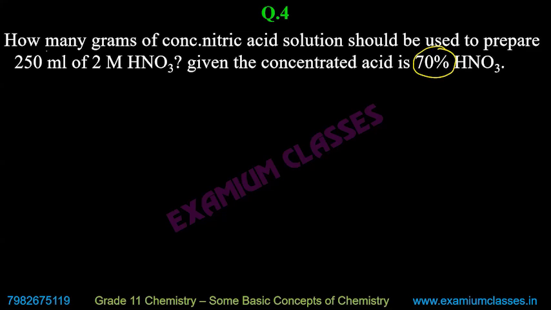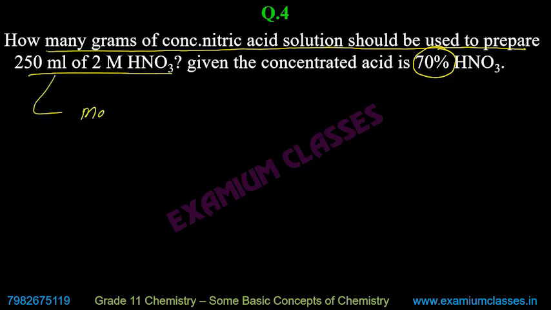So the question is, how many grams of concentrated nitric acid solution will be used to prepare this? For this, you need to calculate first how many moles of HNO3 we need. Moles of HNO3 will be molarity into volume, 2 into 0.25 in liters, that is 0.5. We need these many moles.